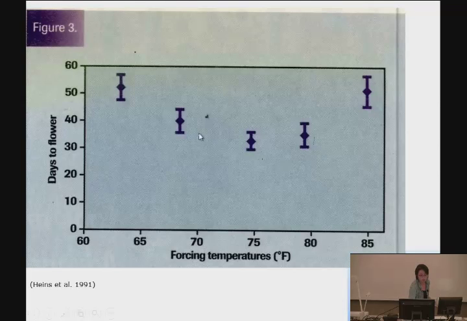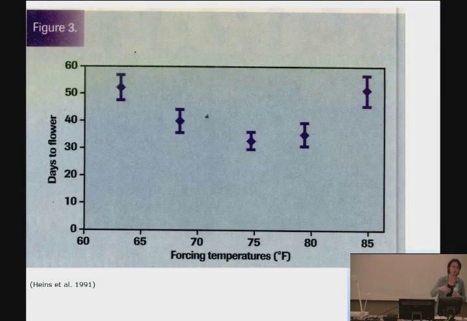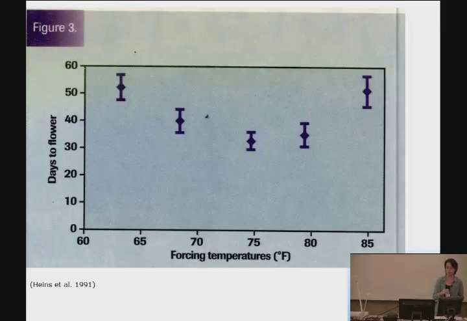And up to that point, it's almost linear, showing a linear response. If you reduce the temperature, then the growth rate or development rate of the flower is reduced, therefore taking more time to get to the flower. All right? So you see this kind of data, but it means the same as the generalized version of the temperature response.